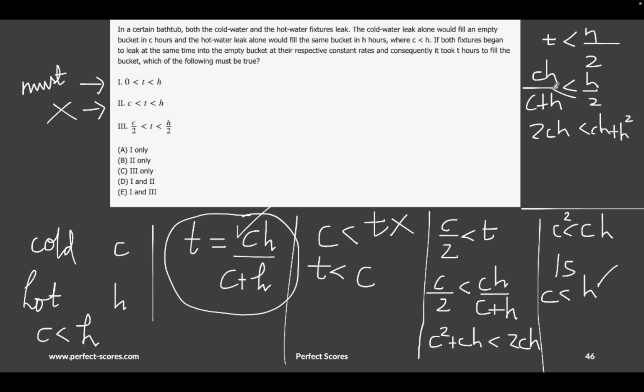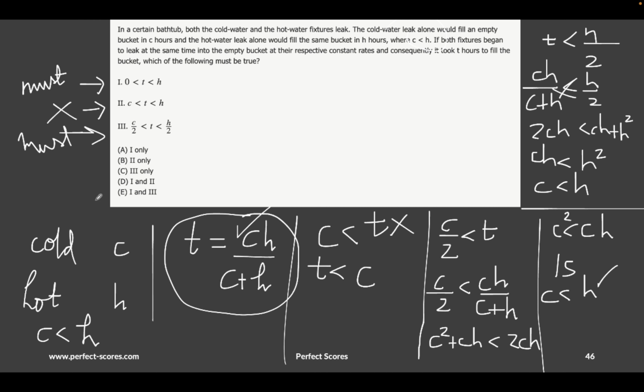Because I'm just taking them to each other side. The only way I can do that is if both are positive and greater than 0. So then this one becomes, is ch less than h square? Then again, is c less than h? Well, that's true again. So that means this third one here must be true, right?